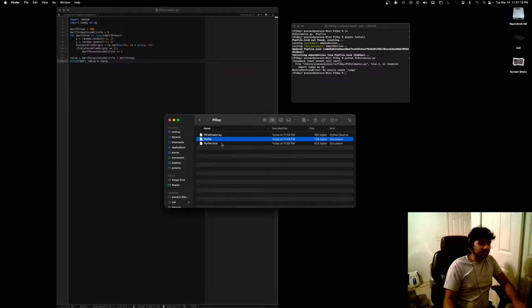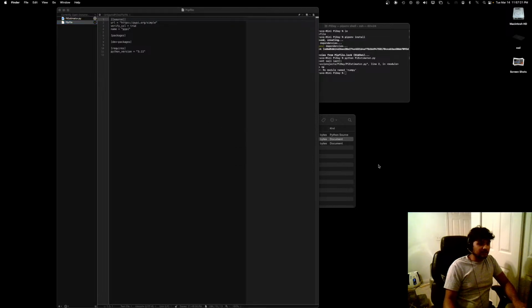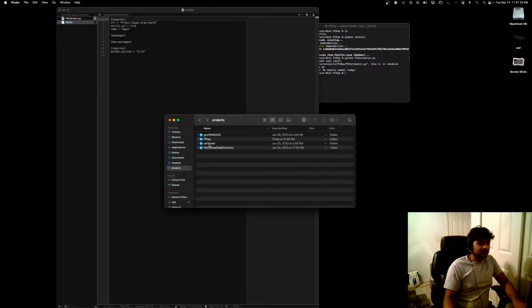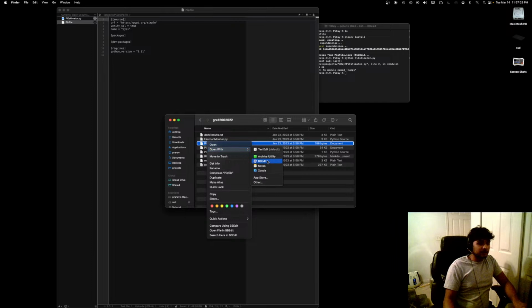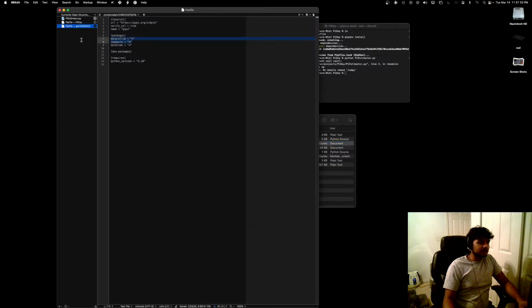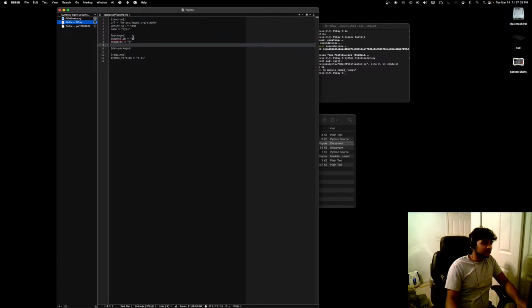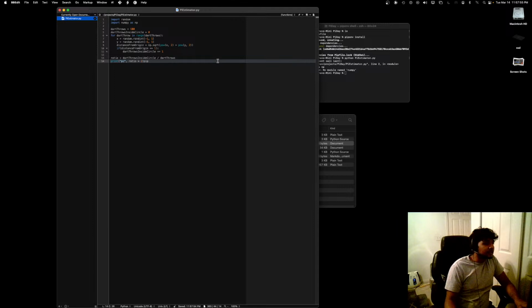Okay, I can do this. Open with BBEdit. Okay, let me show you guys some other stuff. Excuse the profanity. I'll use the same kind of formatting to add in random and numpy, right?